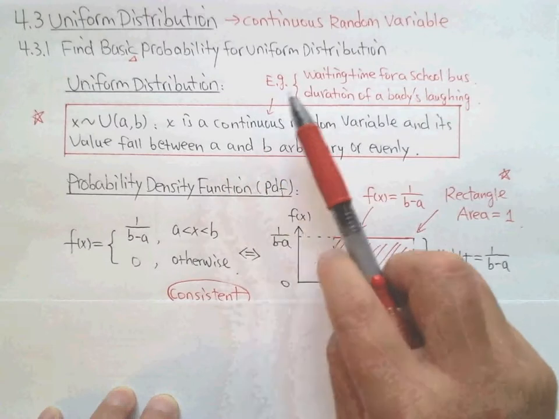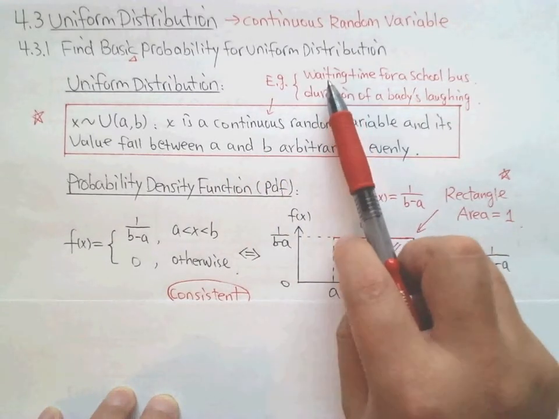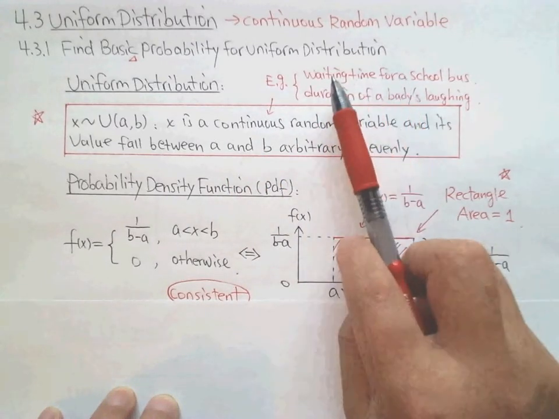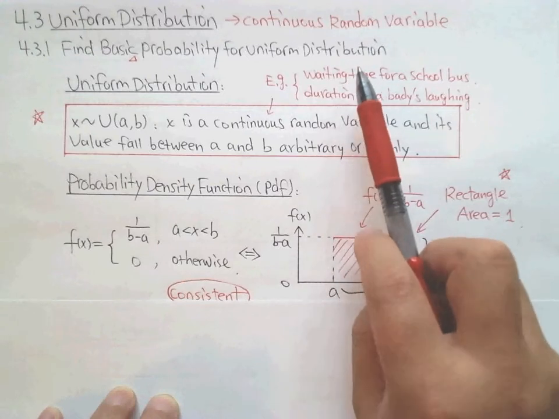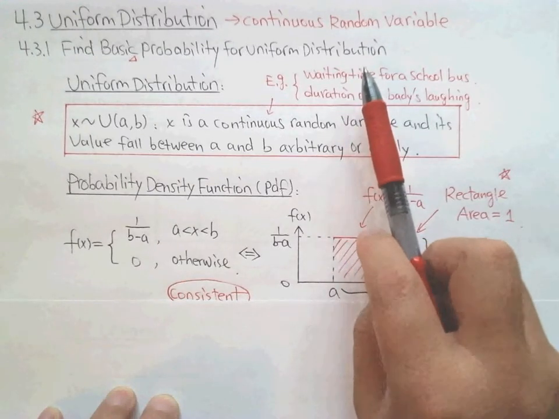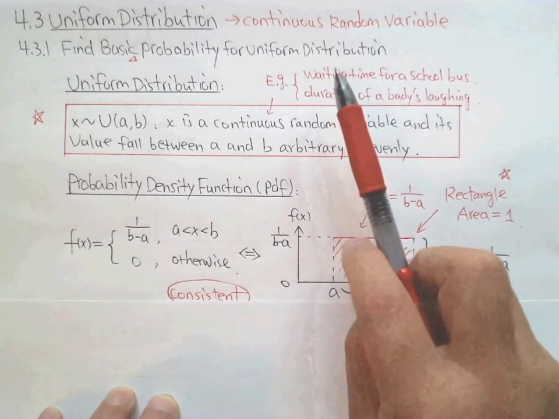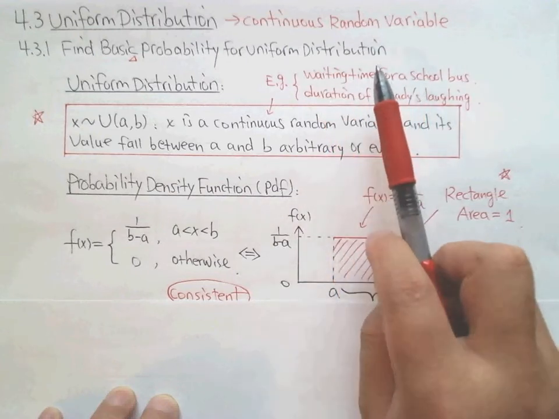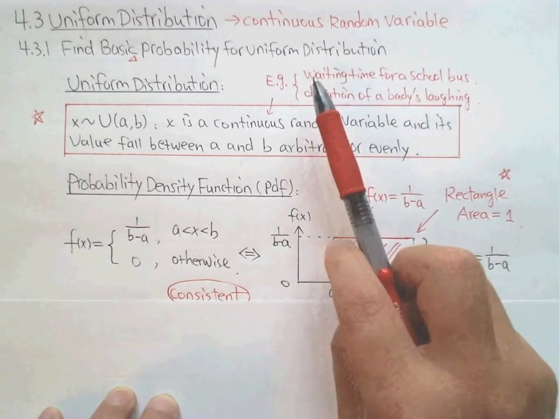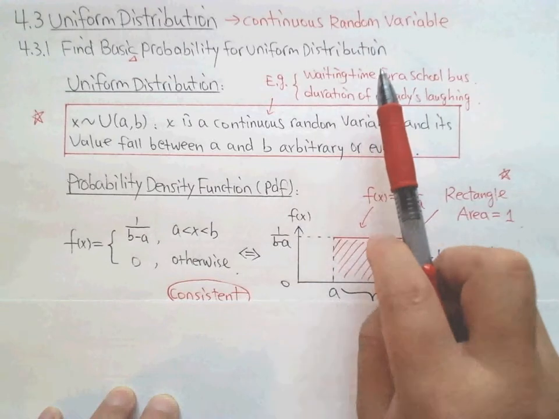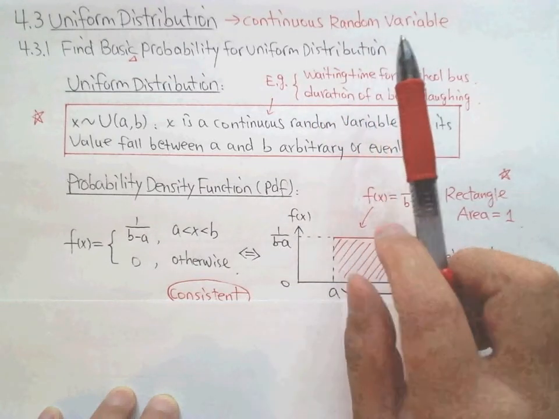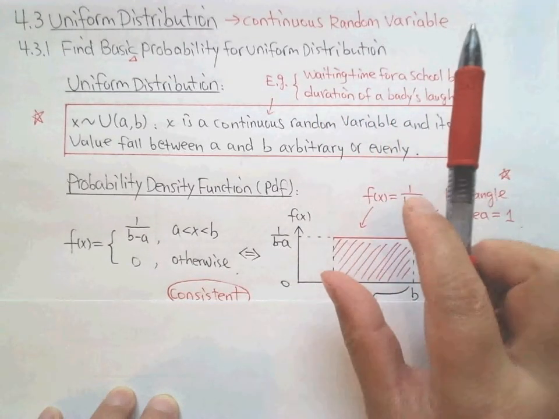This is the uniform distribution. It means no matter what time, like if you wait 5 minutes, every time you have the same chance, whether from 0 to 5 or from 5 to 10 or whatever. If the duration is fixed, the chance is always fixed.